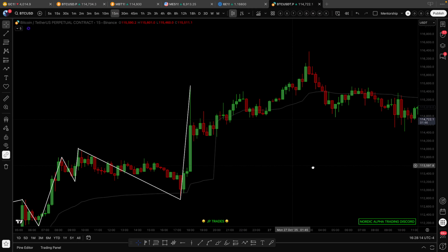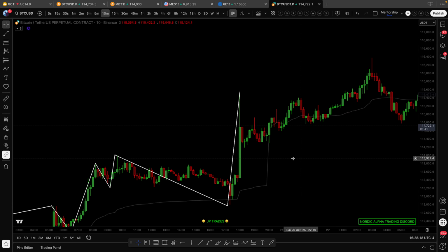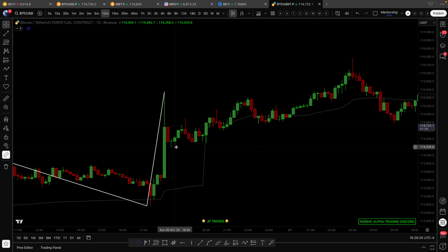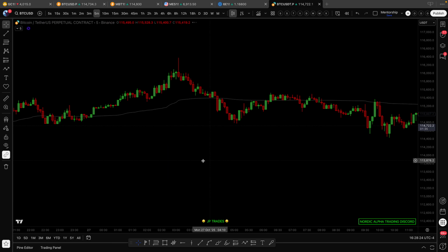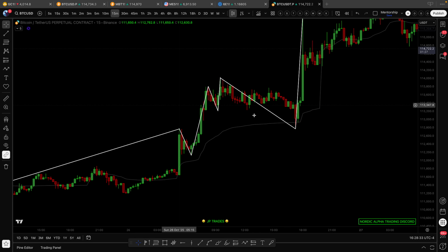So here's how you can understand this using other time frames. Here's the 10-minute. You can clearly see that as a low. Here's the 5-minute. So the 5-minute clearly gave you nice structure, and this would be your low. However, back to the 15-minute.